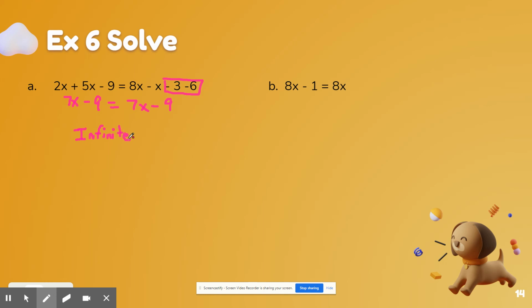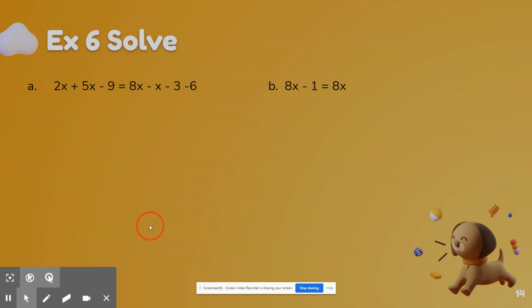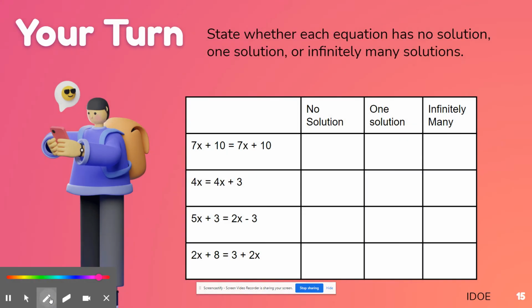Another way you might see this is all real numbers. And as soon as I see that these are the same, but they don't have the same regular numbers, I know that this is no solution. No number will work. So again, looking at this, everything's the same. This is infinitely many solutions.